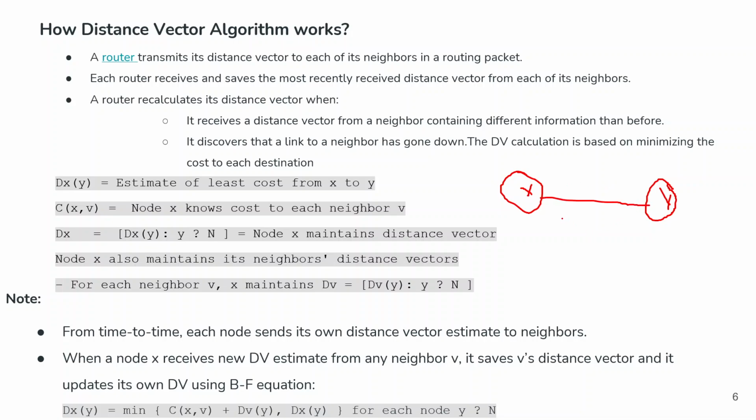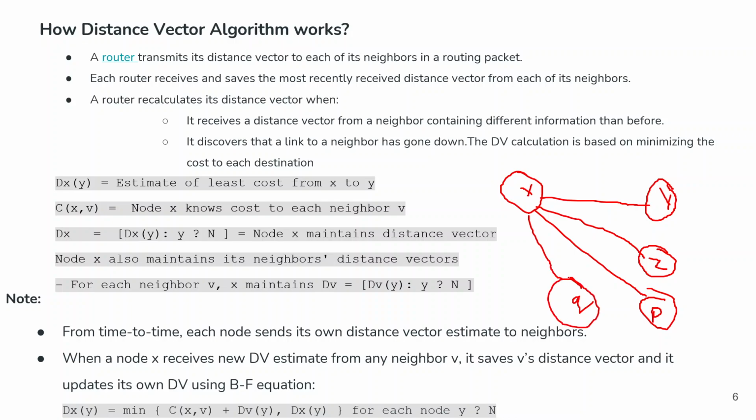Now c(x,v) means node x knows the cost to each neighbor v. So if you have n number of neighbors of x, let's say y is there, z is there, p is there, q is there, then x knows the cost of reaching each one of its neighbors.